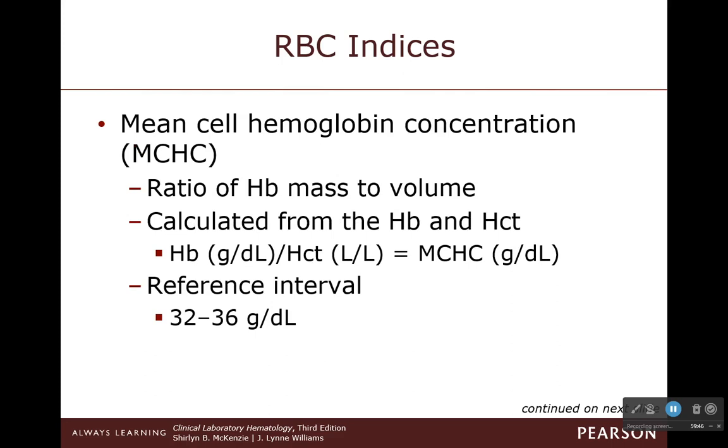Okay, so I'm going to introduce you to 3 more terms. MCHC is known as the mean cell hemoglobin concentration. All right, it's the ratio of hemoglobin mass to the volume. Calculated using the hemoglobin divided by the hematocrit gives you your MCHC.